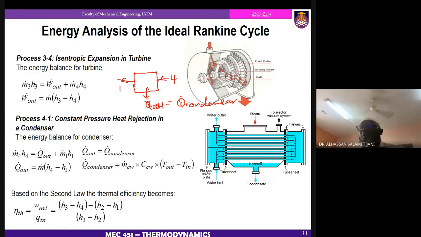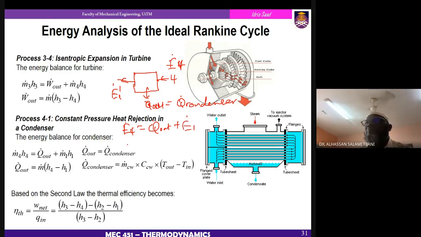We can determine also the energy balance for this. Here we have E4, E4, and this is E1. So how to determine the energy balance? We will have E4 plus E4 equals to Q out plus E1.